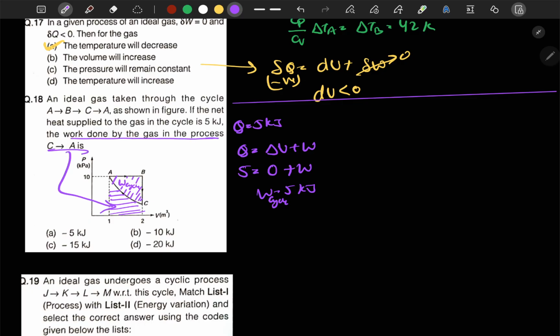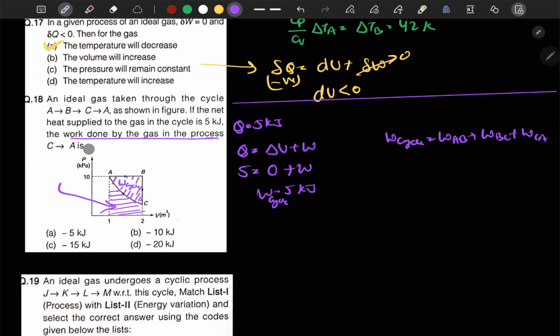Work done by the cycle is equal to work done by AB plus work done by BC plus work done by CA.